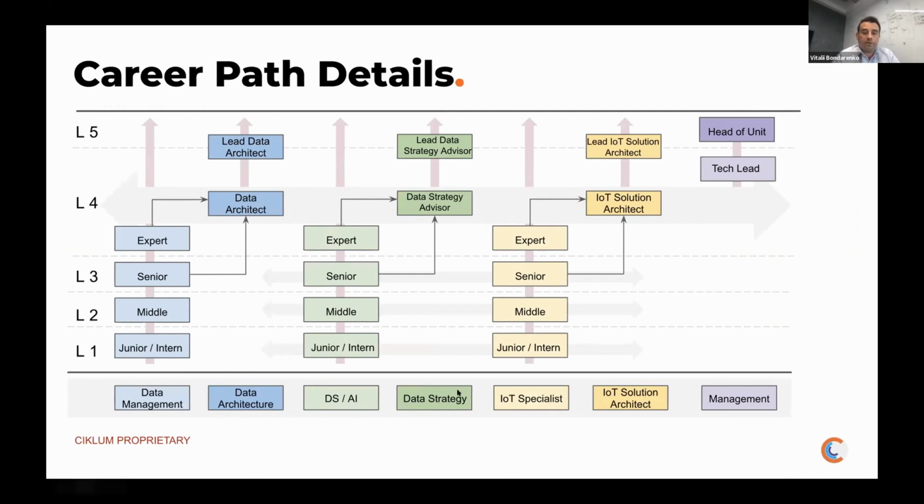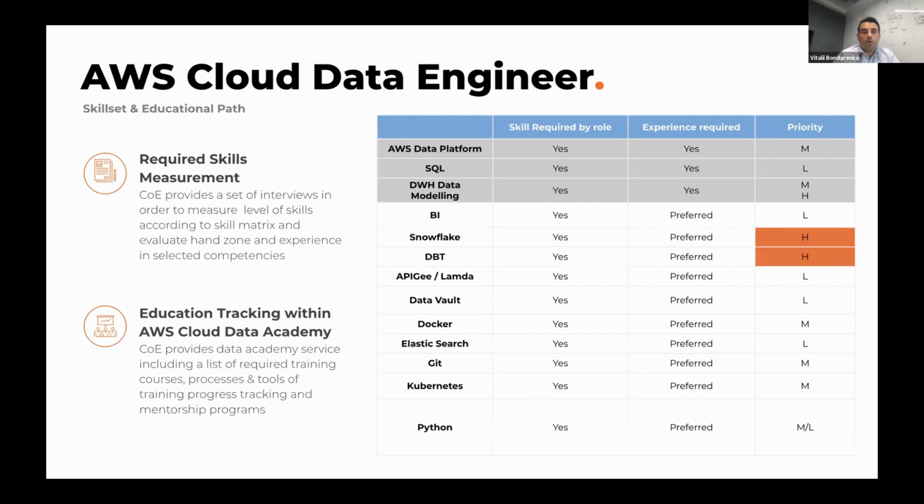The same career path in detail. Inside the Center of Excellence, there are three streams: data management, data science, and IoT. And for each, we have the transition between layers and between levels and between positions, between streams. So talking about AWS Cloud Engineer, it is part of data management. So there are required skills and skills we train.